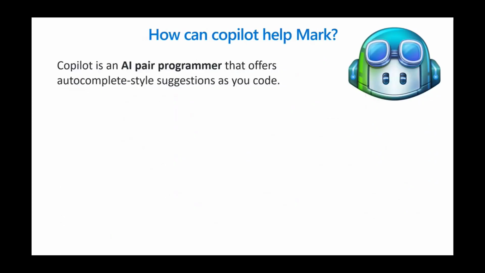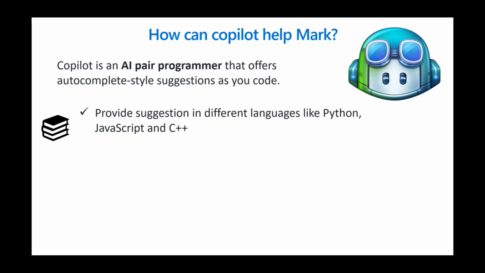And actually, Copilot is an artificial intelligence empowered pair programmer that offers autocomplete style suggestions as you code in different languages, like Python, JavaScript, and C++. You can receive suggestions from GitHub Copilot either by starting to write the code you want to use or by writing a natural language comment describing what you want your code to do.